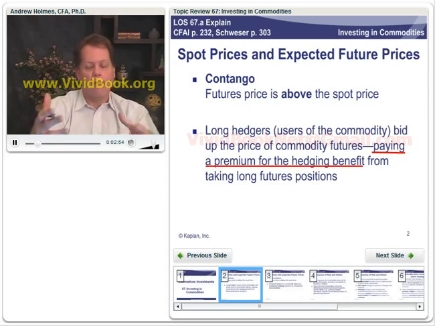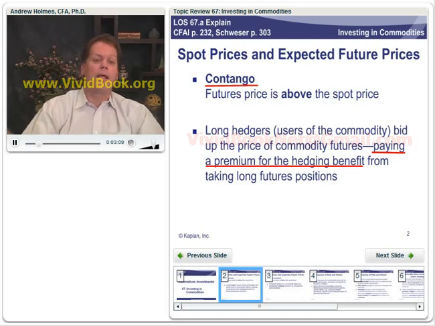So if all of the hedgers are long, then we're going to have a market that is in contango. Of course, we could overlay this with the idea of storage costs, and we could add in convenience yield as we've seen everywhere else. But let's just think about supply and demand here. In this case, long hedgers are buying. If you get everyone buying, then you're going to have to attract people in on the short side.